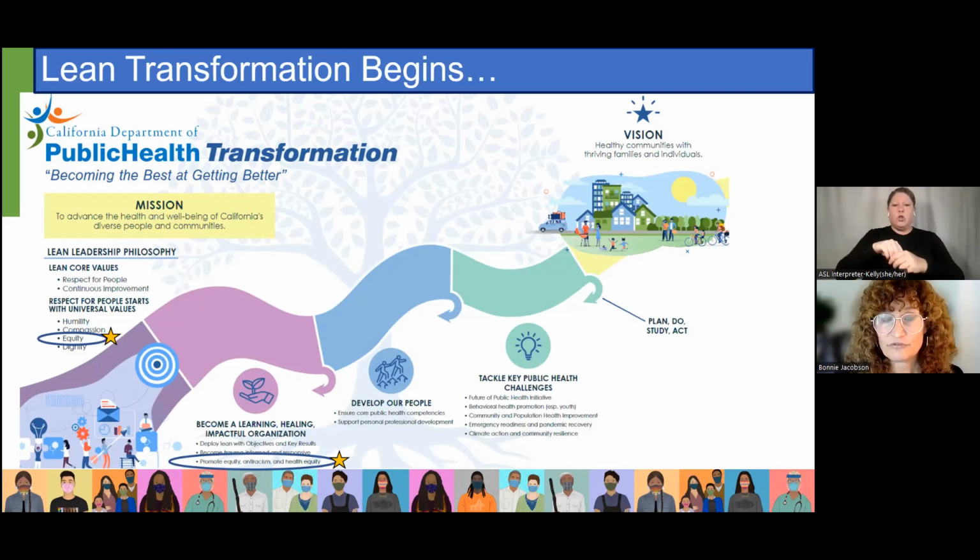And again, a real focus right from the very beginning on lean leader philosophies and these lean core values of respect for people and continuous improvement. It starts here in the strategic map, which is something that all the staff at CDPH have access to. And then you'll see it repeated and reinforced over and over in the next few slides, which was really how we started to communicate to the organization what the lean transformation really meant. Next slide, please.